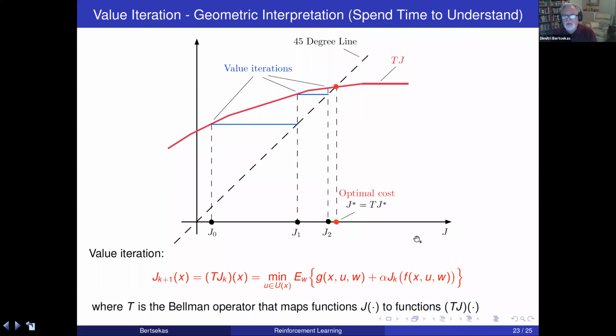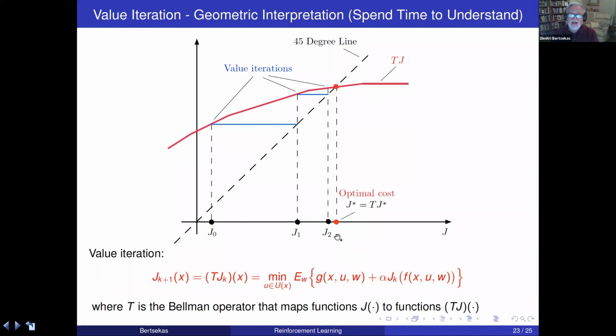Now, Bellman's equation and the optimal cost is the fixed point of this T sub J. So it corresponds to the point of interception of the graph of T sub J with a 45-degree line, and it's the point where J is equal to T sub J. Left-hand side equals the right-hand side.